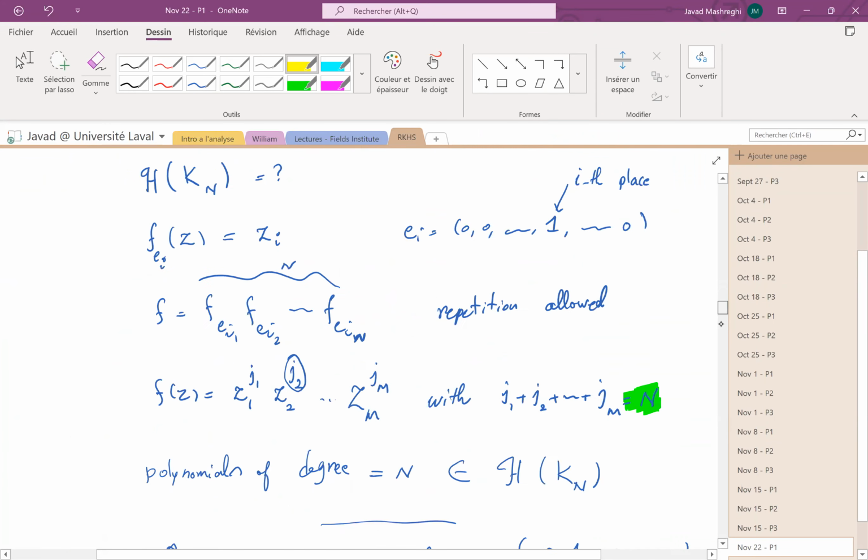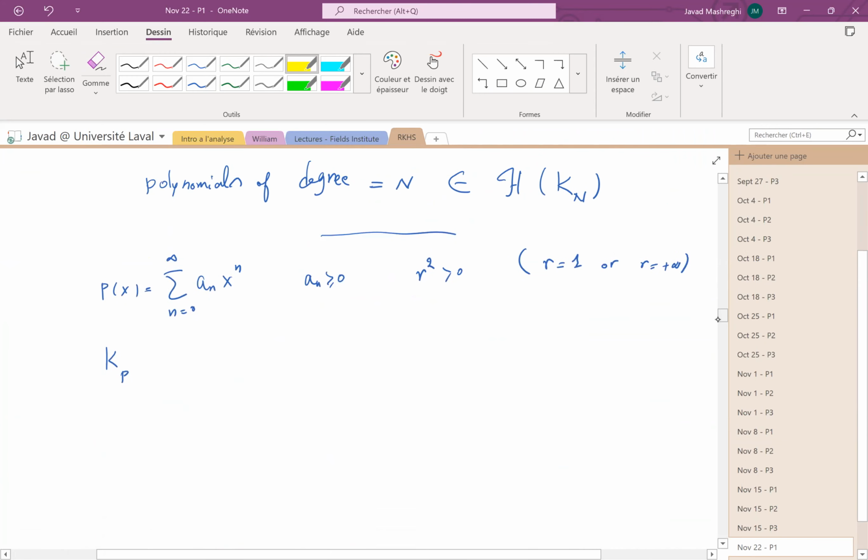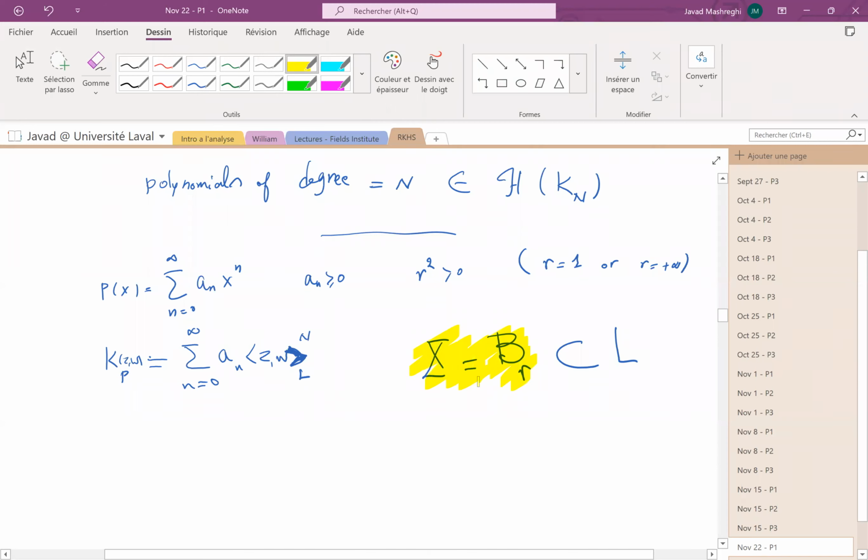When we have a power series like this, we cannot do that. In this case, K_P, which is defined to be the sum over n from 0 to infinity of a_n, well, I should have added two points, Z and W, is Z, W in L, exponent L. Our X is a ball of radius R inside L, because otherwise K_P is not well defined.